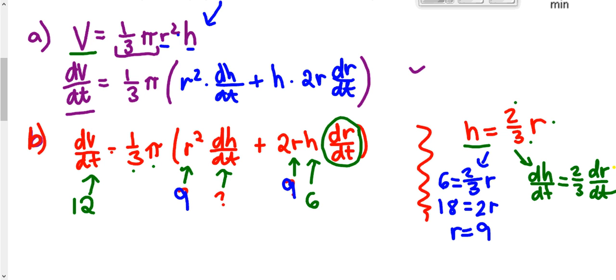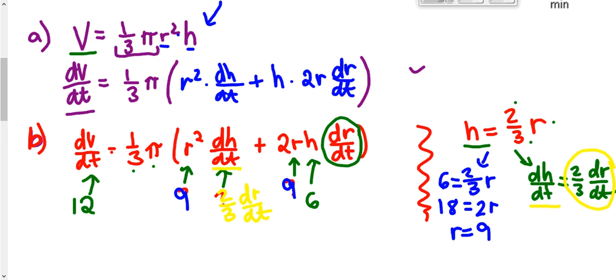So instead of dh/dt right here, we can write 2/3 dr/dt. Which is okay because we're solving for dr/dt. So it's okay to have dr/dt in the problem. It's not okay to have dh/dt in the problem because we don't have anything for that. We can't solve for 2 things at once.